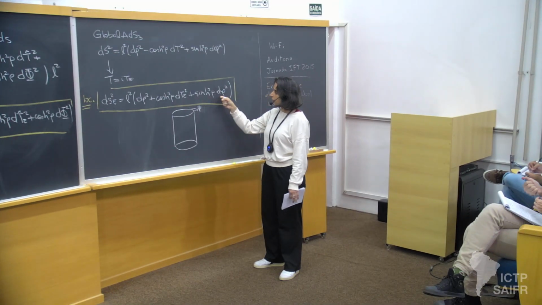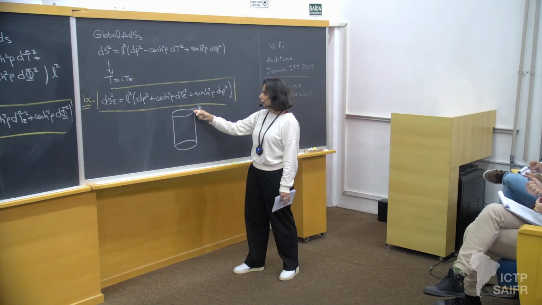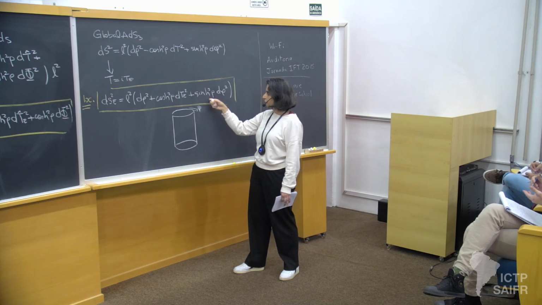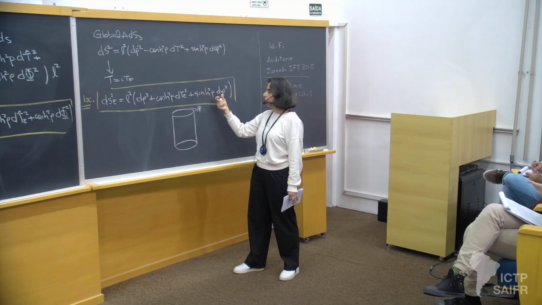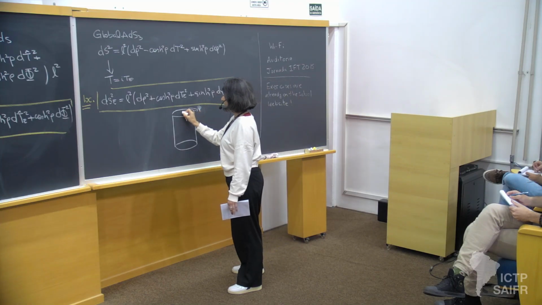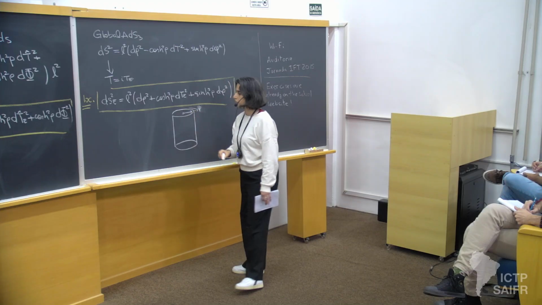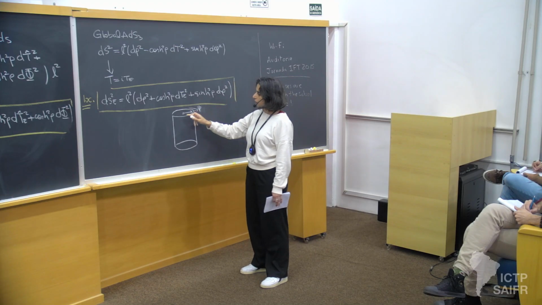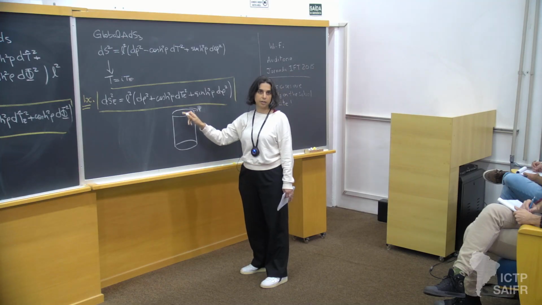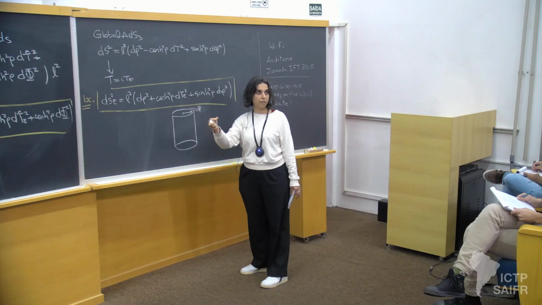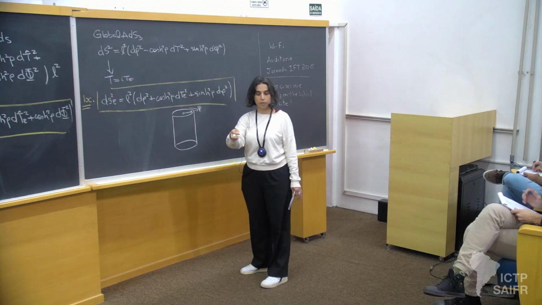And from the Euclidean point of view, well, also from the Lorentzian if you want, but let's do this analysis in the Euclidean. The reason why phi is periodic is because rho here is 0, and then it goes to the boundary at infinity. But basically, phi is periodic because of a regularity condition at the interior of the solid cylinder, right? You don't want to have a cone when you go to rho equal to 0.